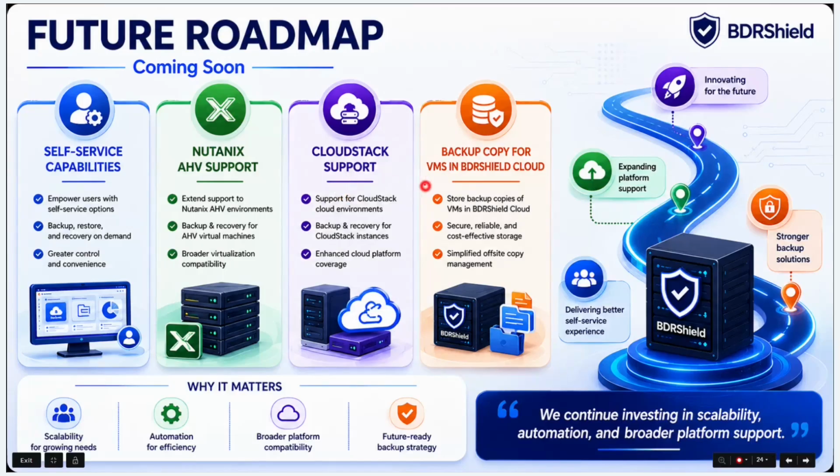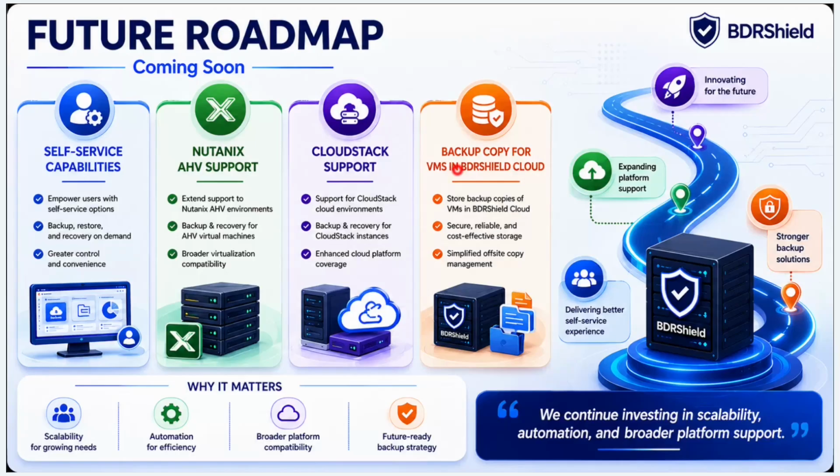And as you see, for the BDRShield Cloud Console, we are going to have this backup copy feature also available for VM backups. What you saw is in the on-prem management console of BDRShield; now we are going to support that for the cloud. As of now, in the cloud version of BDRShield, we support file folder backups and disk image backups.